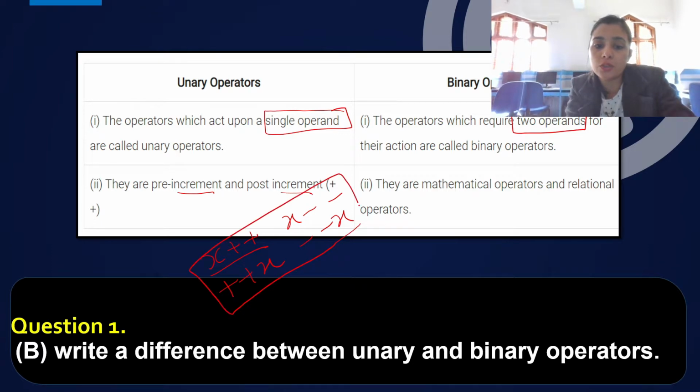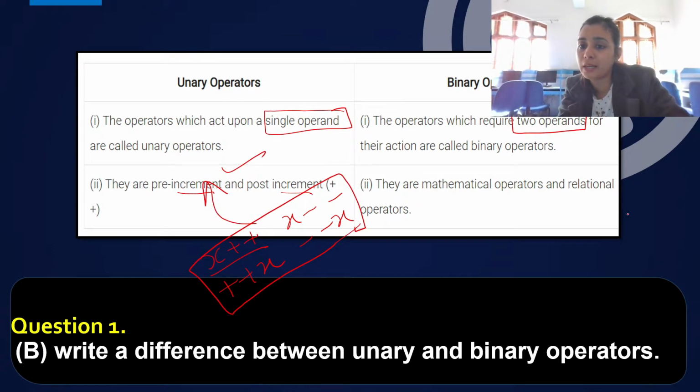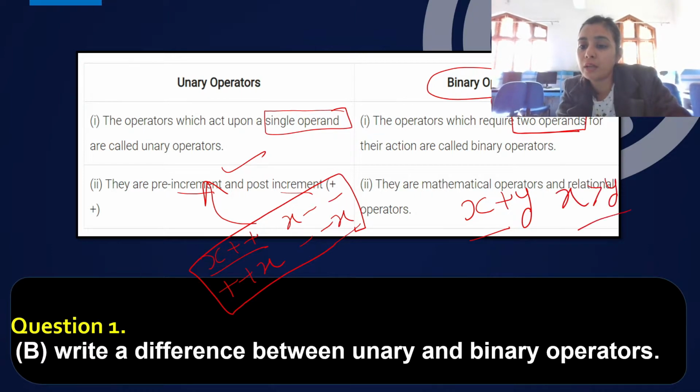These are all unary operators. One more operator works with 3 operands, that is the ternary operator. Binary operators are, let's say, x plus y, or x is greater than y. These are called the binary operators.